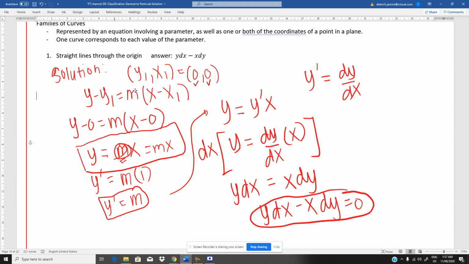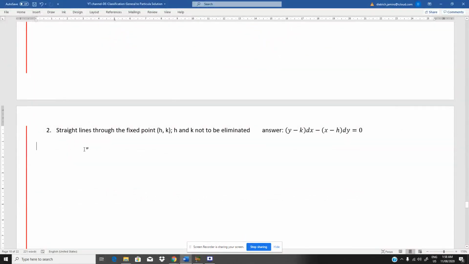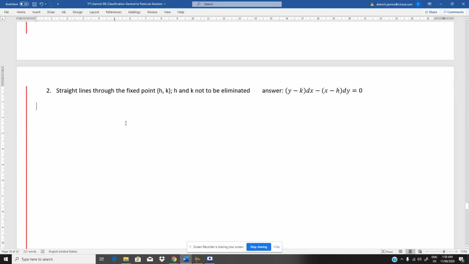Our next problem is straight lines through the fixed point h comma k, where h and k are not to be eliminated. Also we will use the two point slope form: y minus y sub 1 is equal to m multiplied by x minus x sub 1.